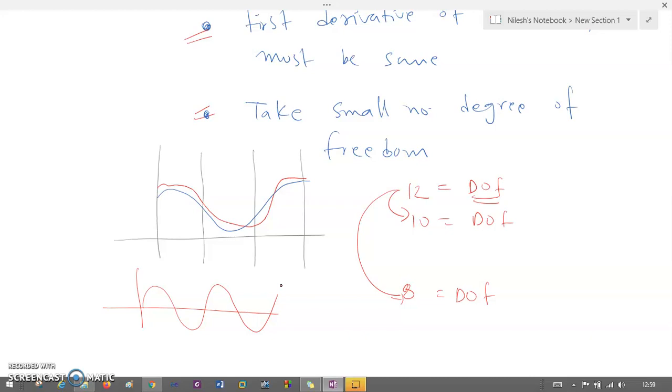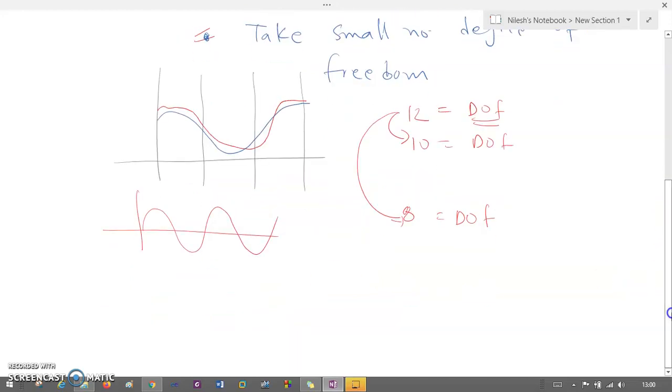And such a piecewise polynomial with a degree m, and with m minus 1 continuous derivatives, you will get a topic called spline. Okay, this is the topic called spline.